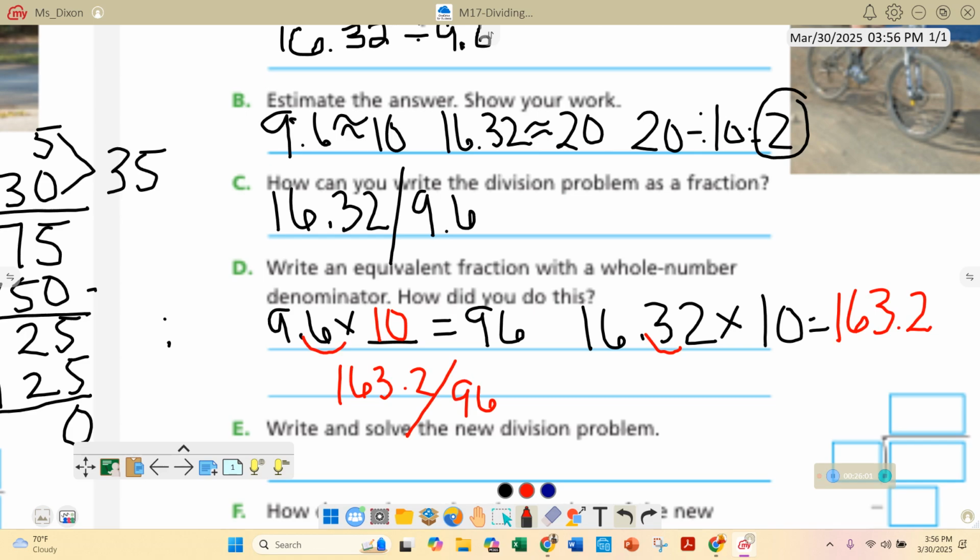You can't multiply one number times 10 and the other number times 100. Whatever you do to the denominator, you must also do to the numerator. So since we moved our divisor 1 place, we must move our dividend 1 place.